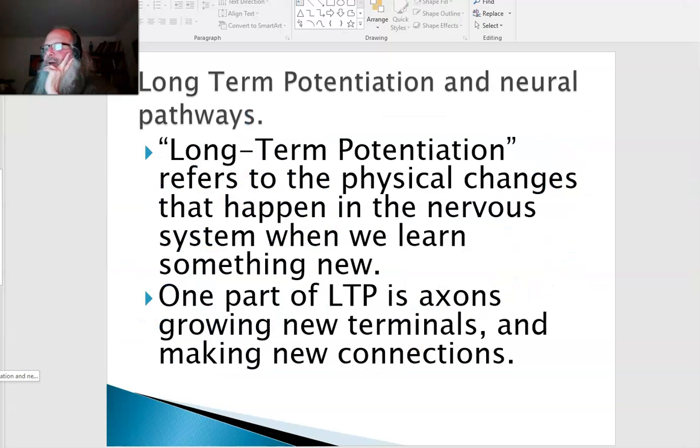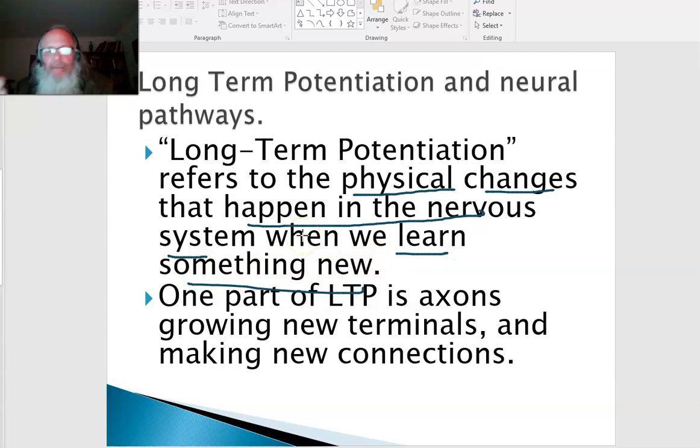And so we go back to this sort of idea of long-term potentiation. This term refers to physical changes that happen in the nervous system when we learn something new.